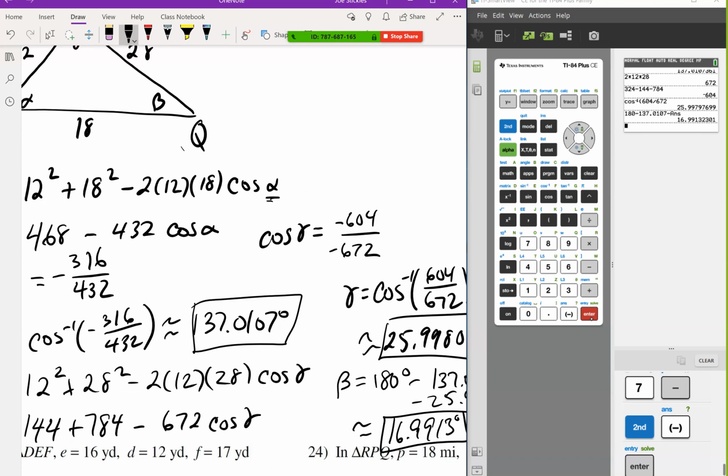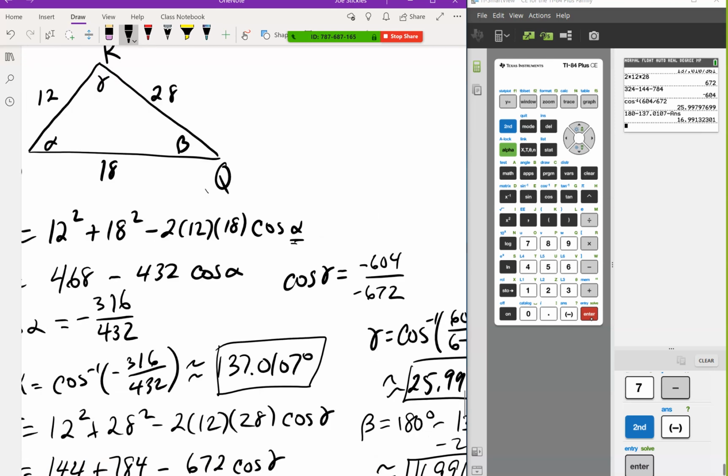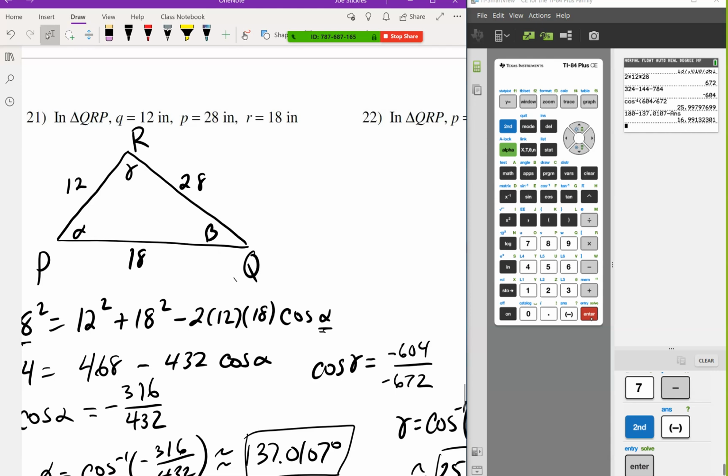Professor Staples? Yeah. I don't know if it's a coincidence, but these are the same exact numbers that we got for number 7. Yep, they sure are. I didn't notice that before I started working on the problem, or I would have done a different one. Notice that the sides in number 7 were 6 and 14 and 9. Each of these sides is 2 times as big, right?